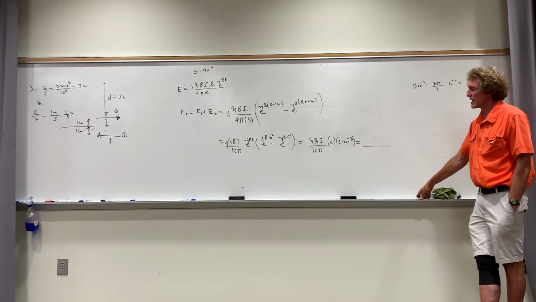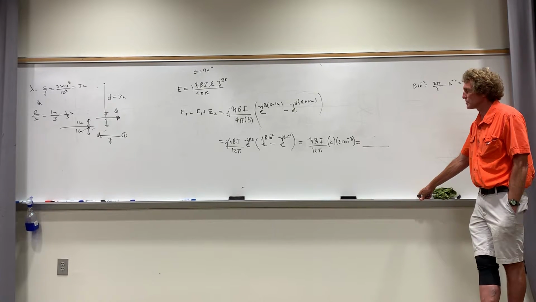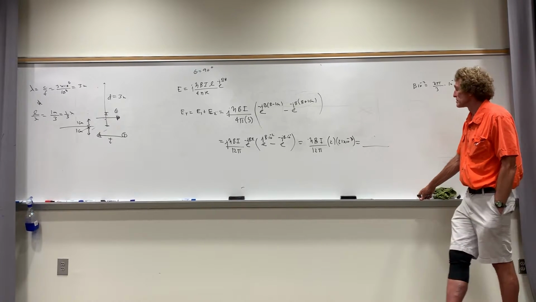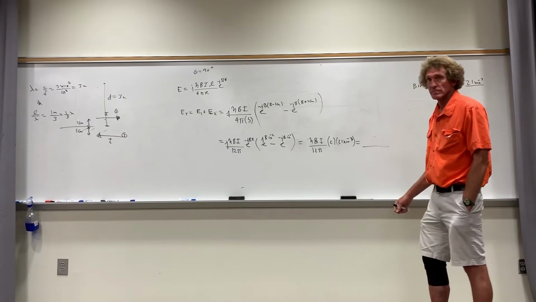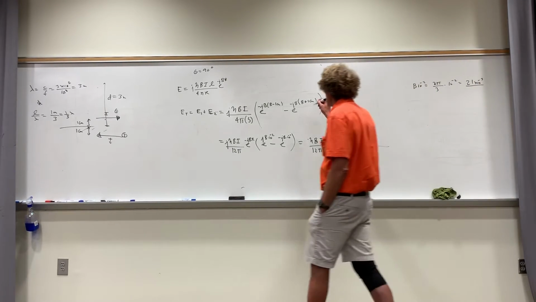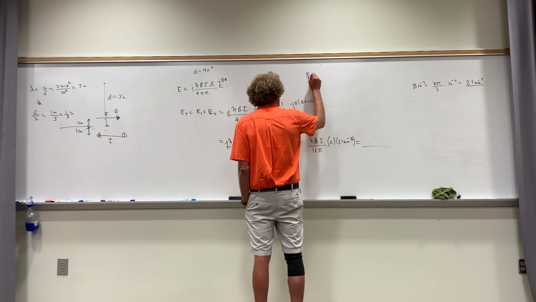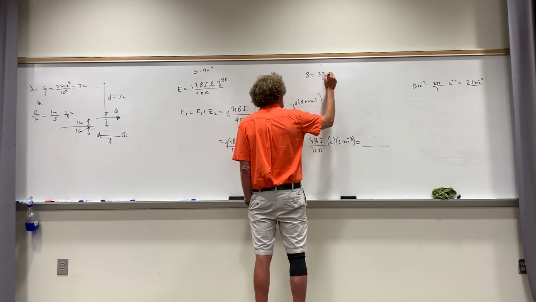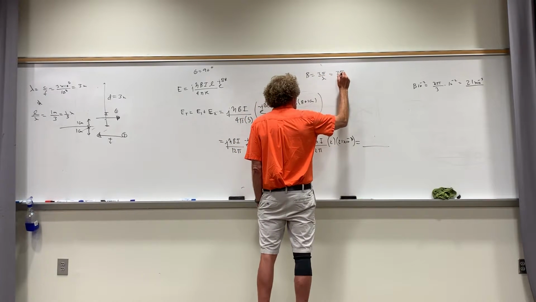Could you tell me what that is? Eta is 120 pi, beta is 2 pi over 3. Beta is 2 pi over lambda, so it's 2 pi over 3.